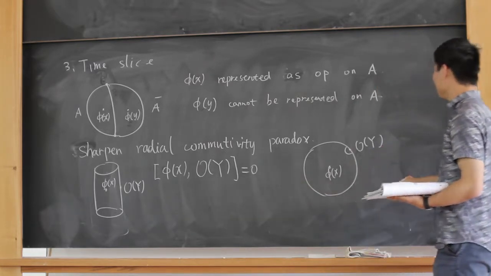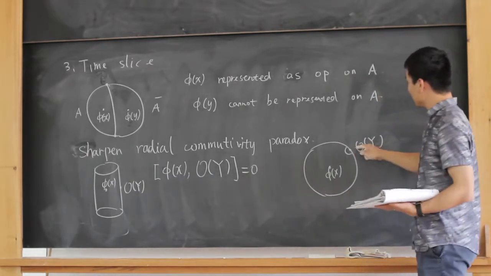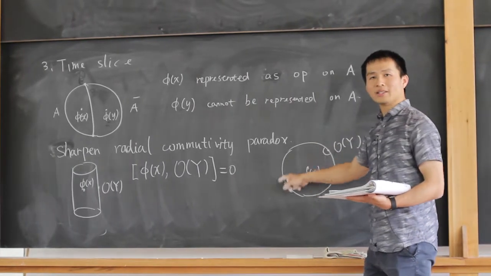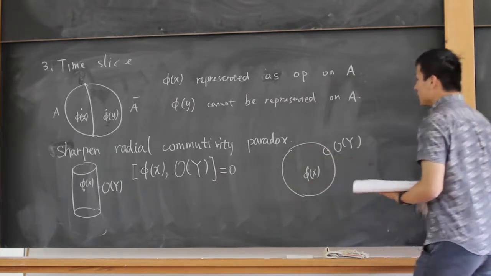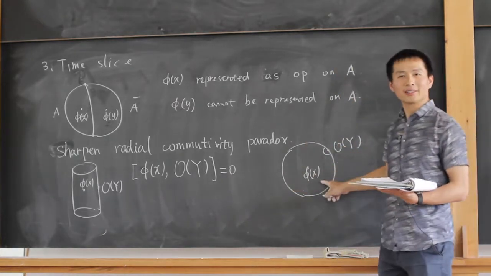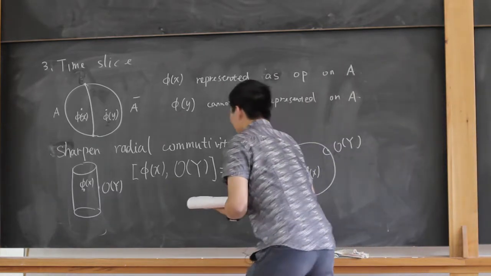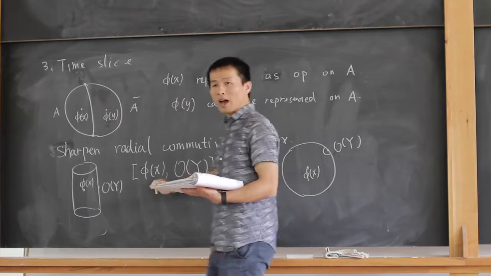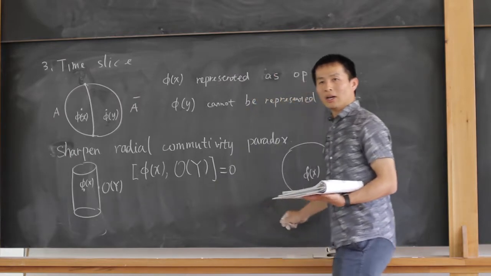So O of y is an arbitrary local operator in the CFT, but as long as we have a chosen location, we can choose to look at how phi of x is represented on this complement region. The reasoning for that is that the complement region has a very big causal wedge that surely contains the center operator. So then phi of x represented in that way is really a CFT operator that has space-like separation with respect to O of y, and therefore they commute.